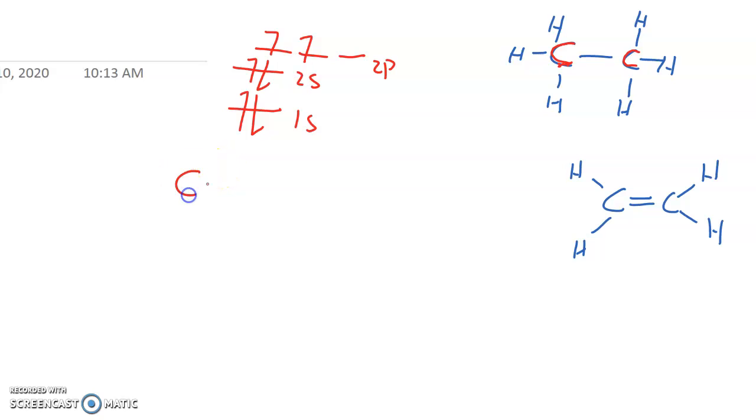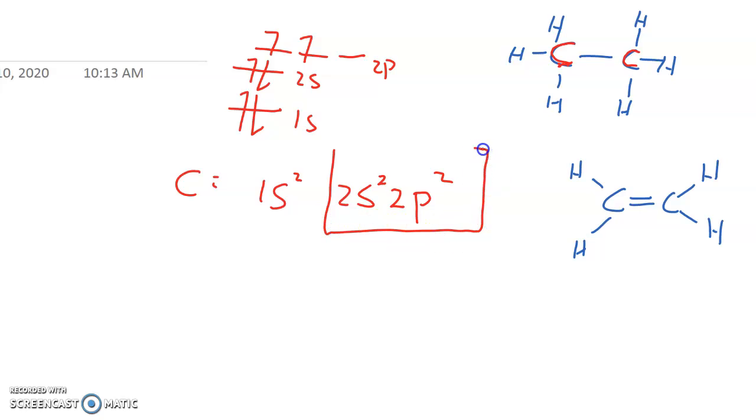So for carbon, the electron configuration is 1s2, 2s2 and 2p2. So these are the valence electrons. That's why we say carbon has 4 valence electrons.